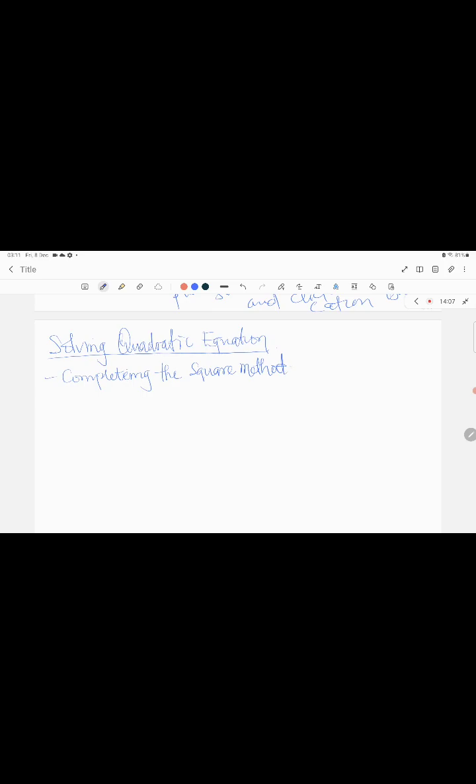In the completing the square method, you need to understand the basic concept of completing a square first. Then we have to apply it in solving a problem.